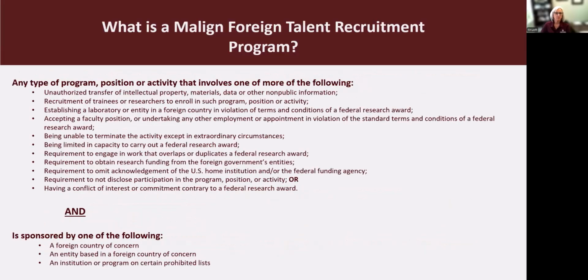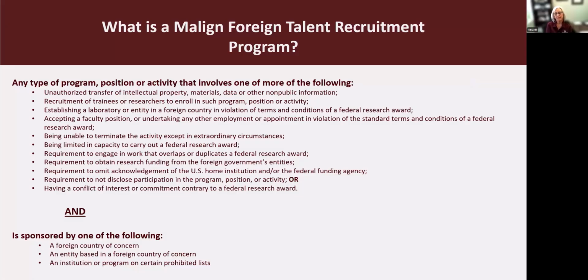One of the things that was mentioned on the last slide is malign foreign talent recruitment programs. And this is another area where foreign adversary governments were reaching out and offering money, all kinds of benefits. But then they had these requirements, I guess the best way you could put it, that if you want this money, here's the things you have to do.